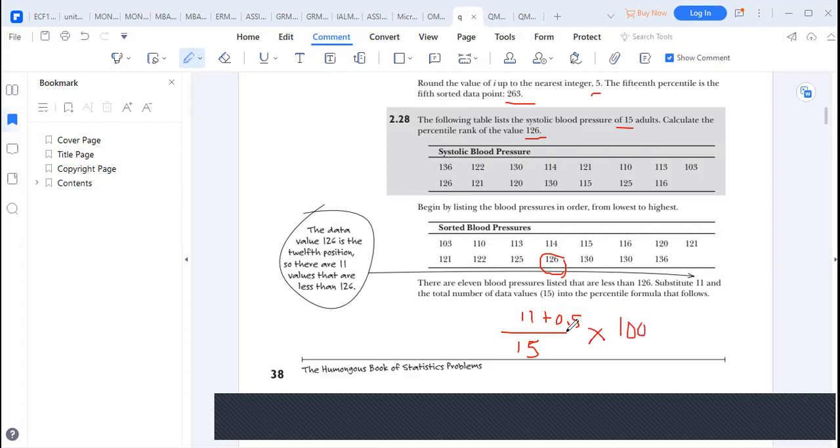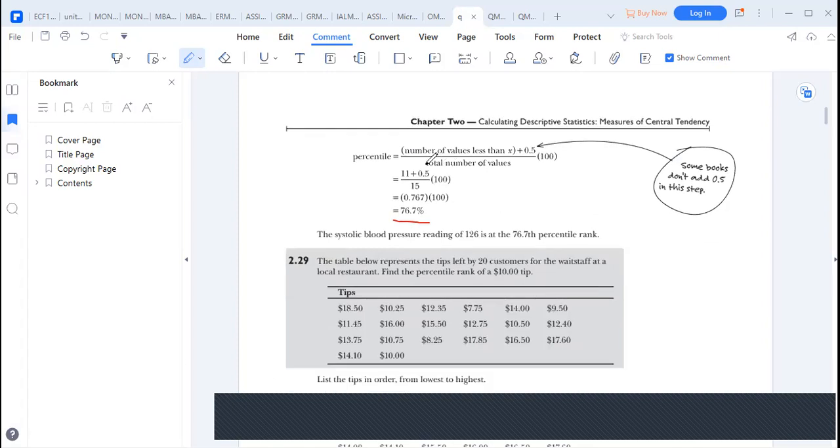So when you do so, we're going to calculate the percentile of 126, which is 76.7. So 126 holds the 76.7 percentile rank. So if 126 was 13, we were just going to take 13 over 15 times 100. Yeah, so observe now what will happen. Your question will be answered.